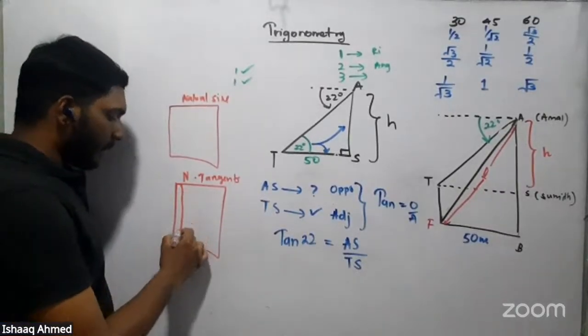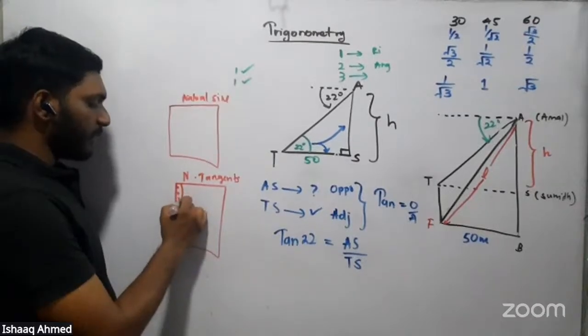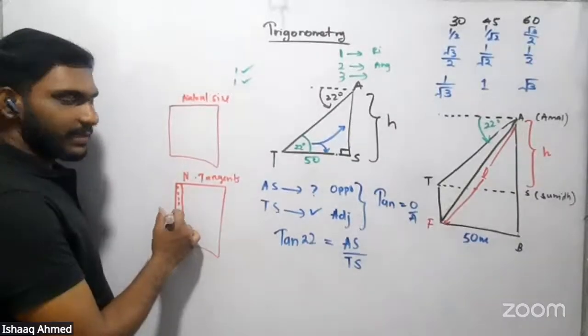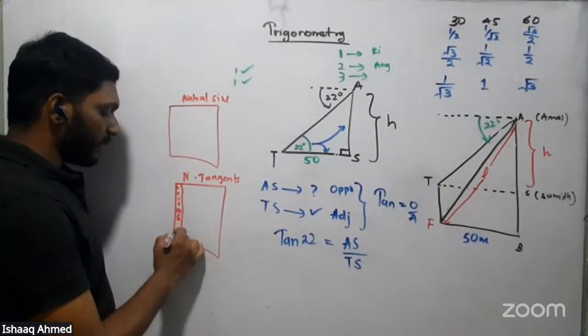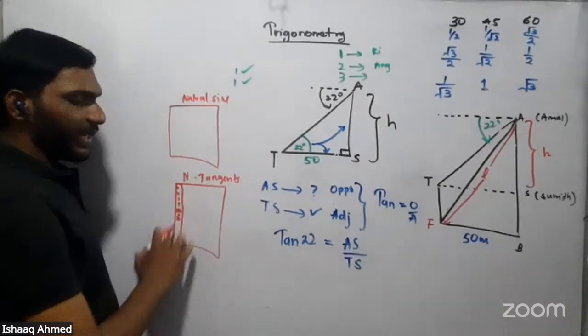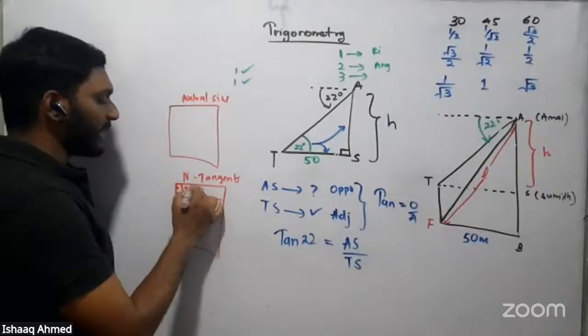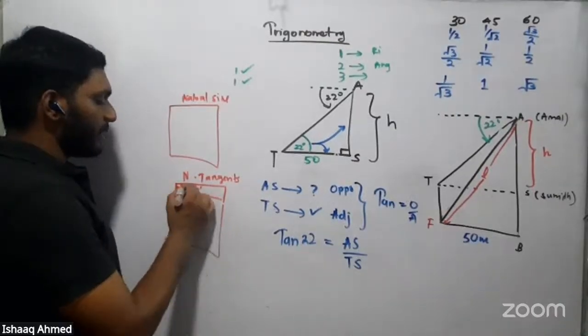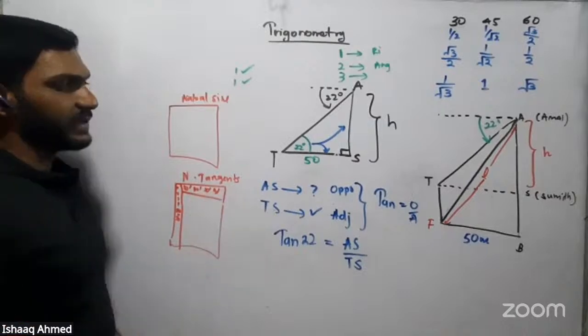Here main angles are given starting from 1, 2, 3, 4 like that. Then 20, 21, 22, 23, 24, 25, and then angles will go like that. Here, something called minutes are given. 10, 20, 0, 10, 20, 30, like that minutes.